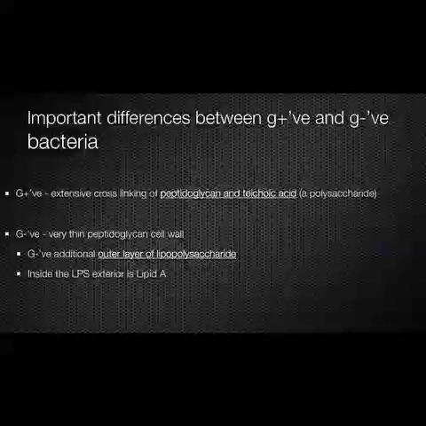The gram-negative bacteria are unique in that they contain an outer layer of lipopolysaccharide, otherwise known as LPS. Inside that LPS exterior is lipid A, which is also known as endotoxin. When the bacterium is phagocytosed, lipid A is released, inducing fever, diarrhea, and can lead to septic shock.